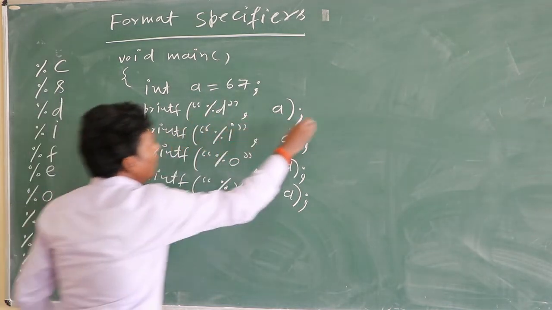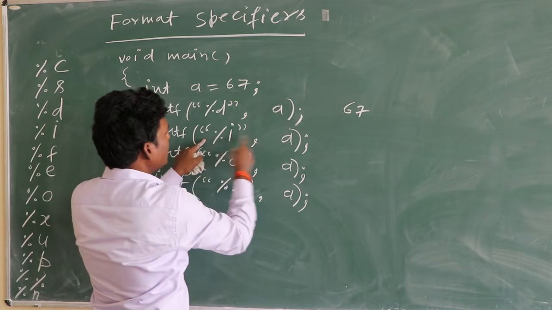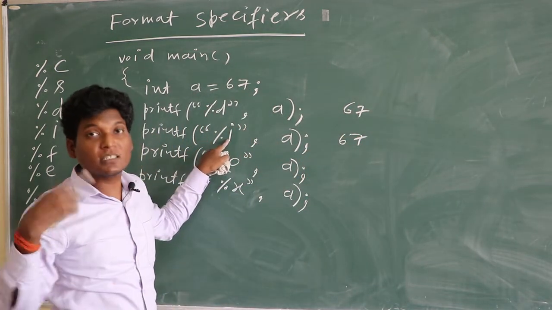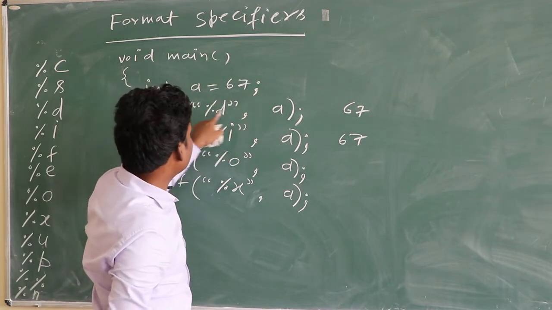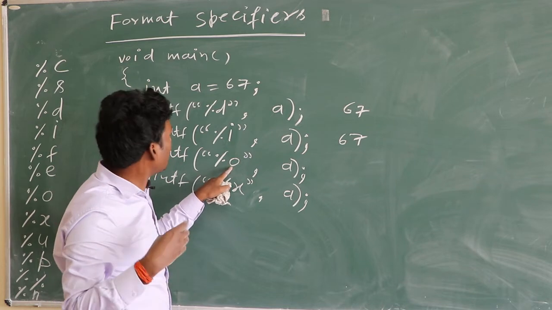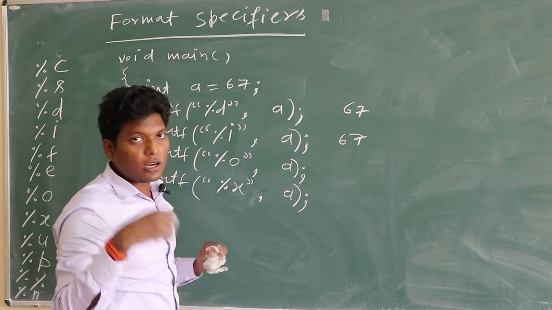This printf gives 67. This printf also gives 67 because this is also printed in the decimal number system. But this %o prints 67 in the octal number system.